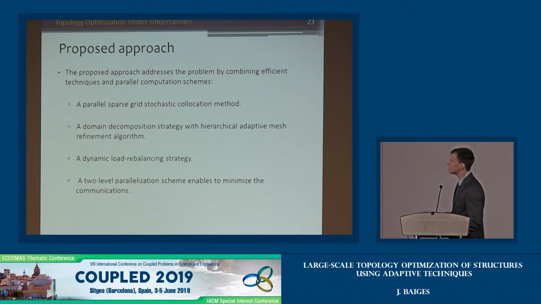The second one is classical domain decomposition parallelization, together with hierarchical adaptive mesh refinement and an efficient dynamic load rebalancing strategy. And finally, in order to couple these two ingredients, we are going to use a two-level parallelization scheme, which enables us to minimize the communication and to efficiently exploit high-performance computing clusters.